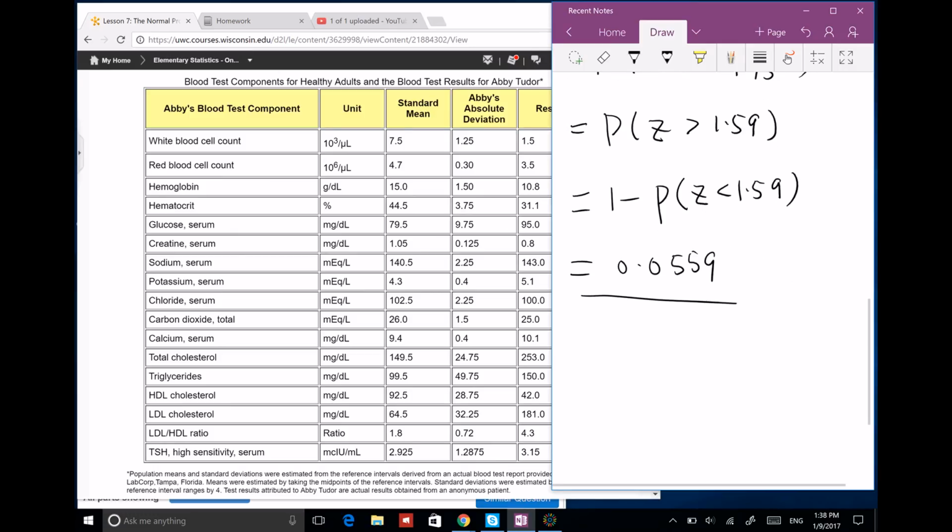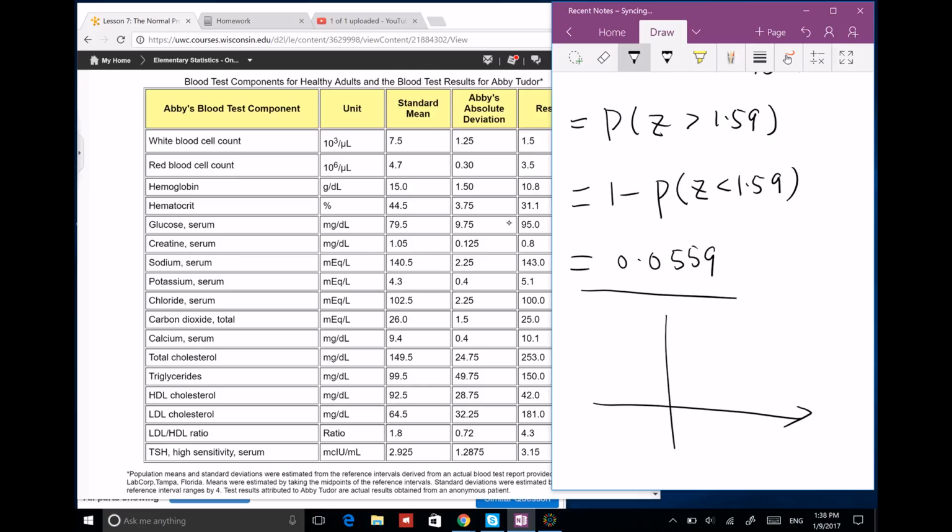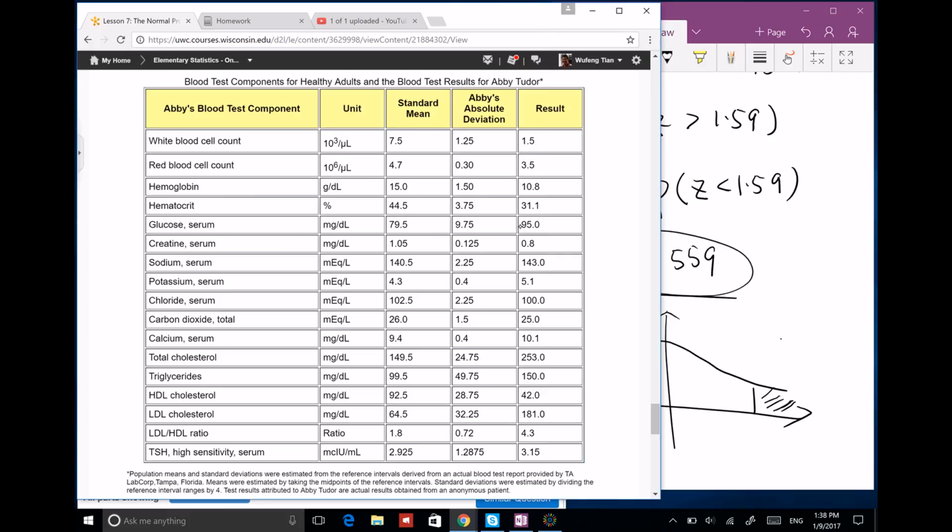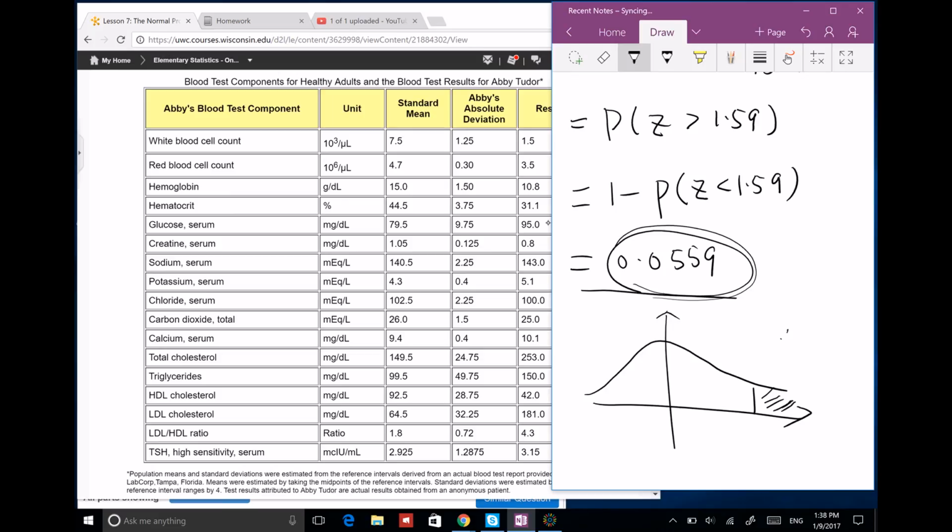So this means for a person whose glucose serum component is way above 79.5, the probability is really small. Abby should pay attention to this part too, because very few people will have a value higher than 95, but it happened to her.